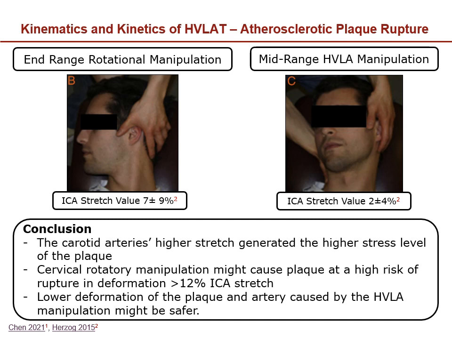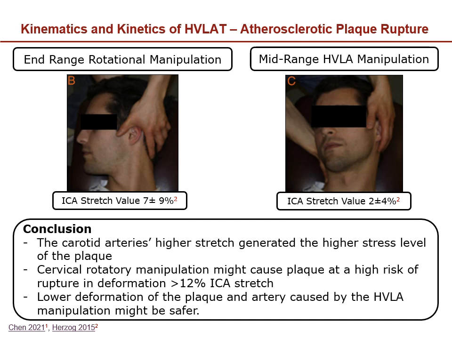So the end range technique has as much as 16% strain on the vessel itself, whereas the mid-range manipulative technique has a maximum of approximately 6%, so half of the 12% stretch that would be needed to potentially meet the rupture rate of the tunica media or the vessel wall, setting the plaque off and causing it to rupture or risk of rupturing.